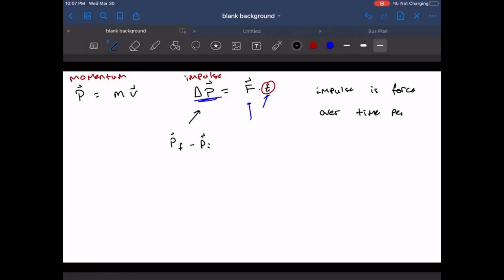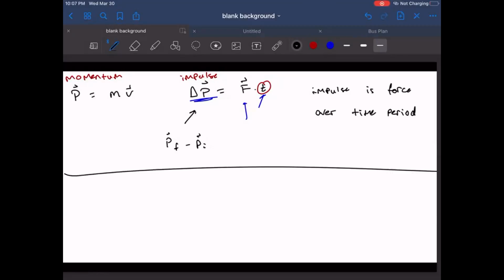And so let's say I could have the same exact impulse from a large force, small time. Make sense? As a small force over a long time.